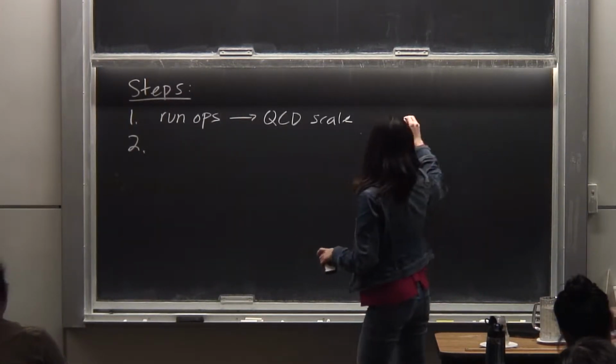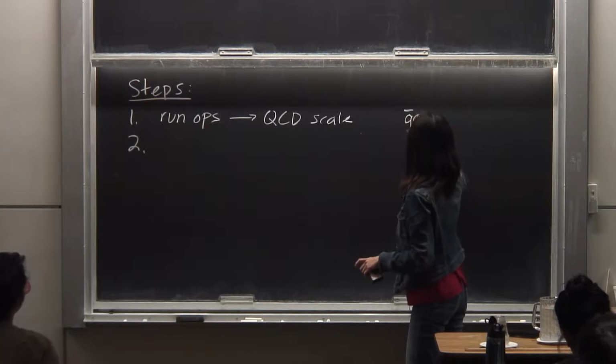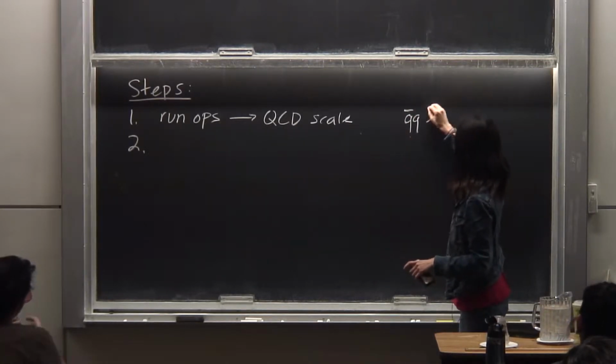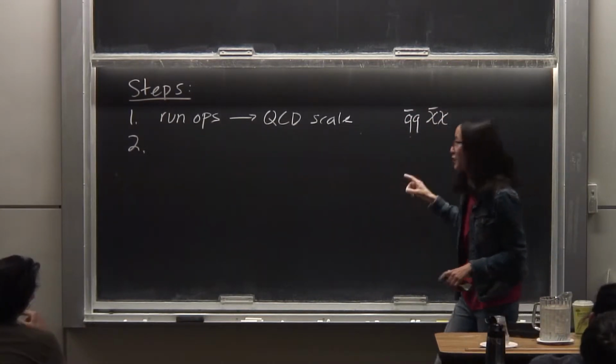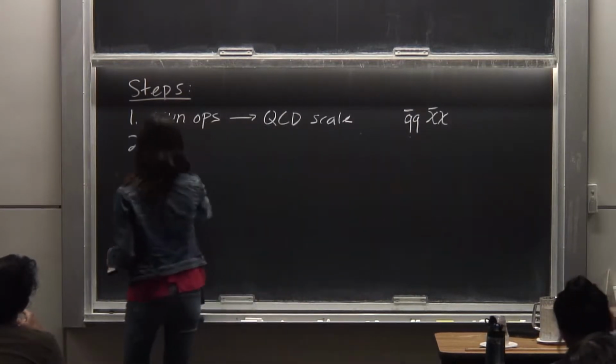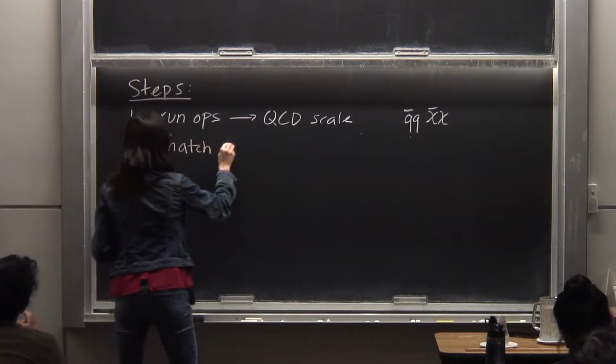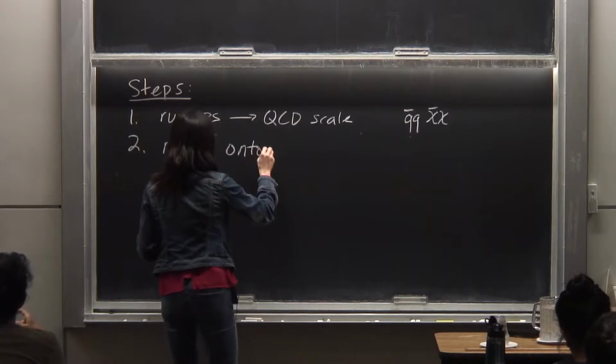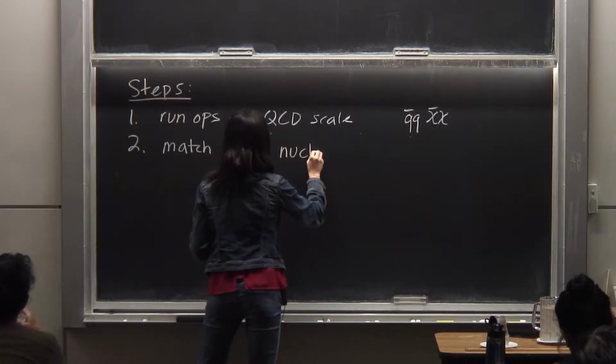At this point, I might have operators that look like this, still in terms of Q Q bar. And I need to match these onto nucleon level operators. So single nucleon operators.